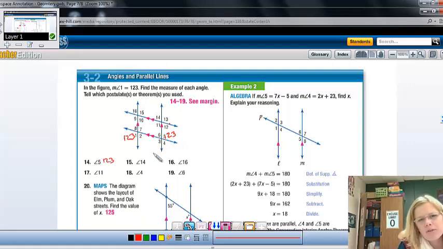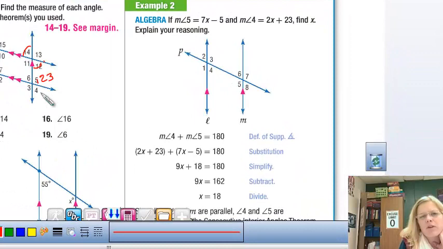Then it said number 14. Well, two different ways you can do 14. 14 and 5 have nothing in common, correct? Correct. But what about 12 and 14? What type of angles are those? Those are vertical angles. So if 14 equaled 50, then 12 has to equal 50. But we don't know what 12 is.